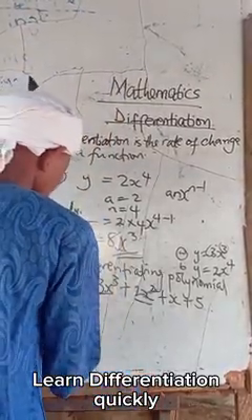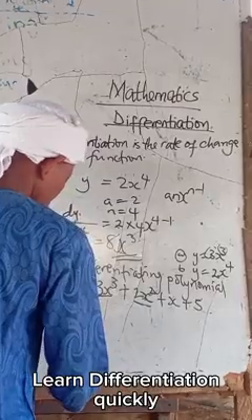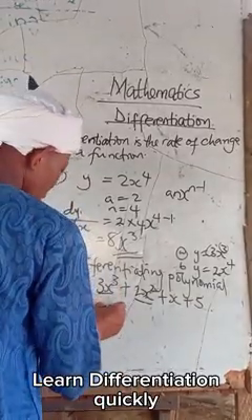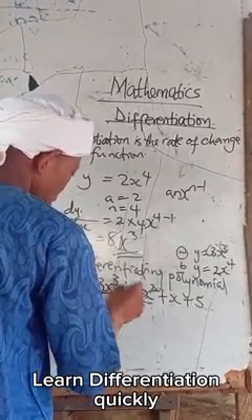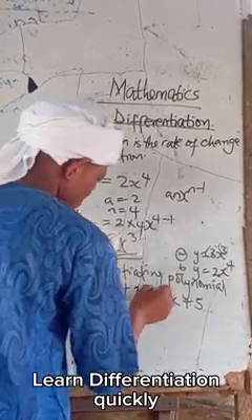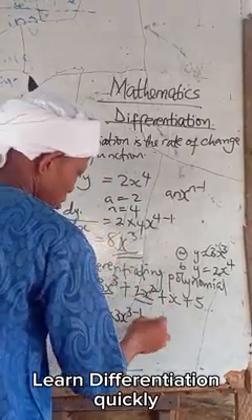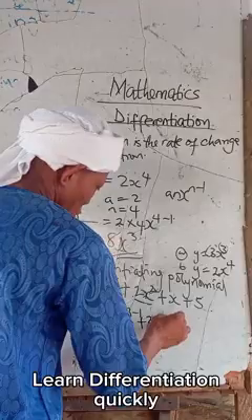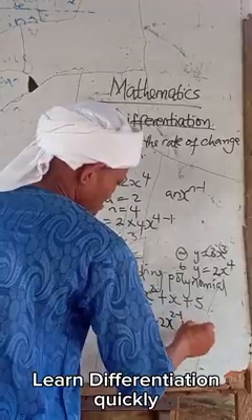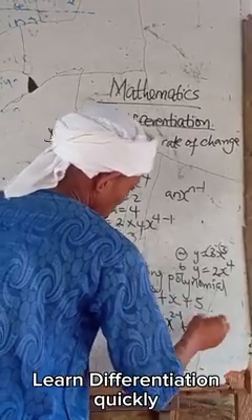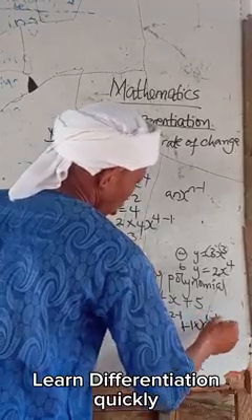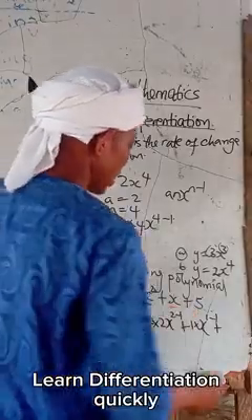Now, dy over dx would be, applying our general rule in this 3x cubed, 3 times 3x raised to the power 3 minus 1, plus, here we said multiply it by the power, so we have 2 times 2x raised to the power 2 minus 1, plus 1 times x raised to the power 1 minus 1, plus, now the differentiation of a constant is 0.